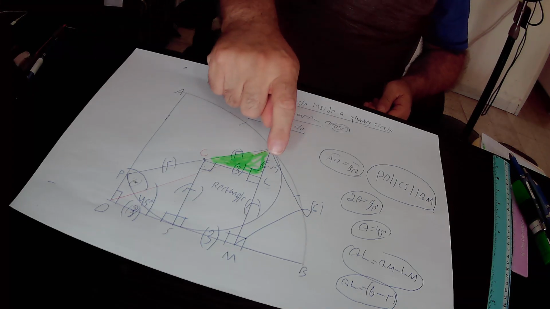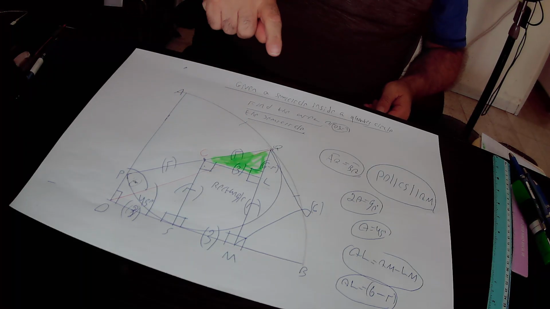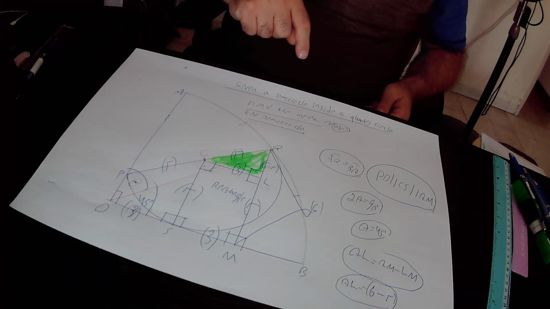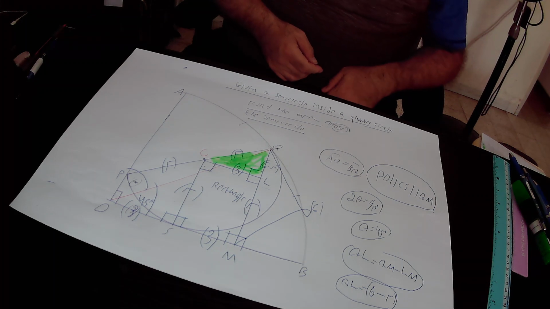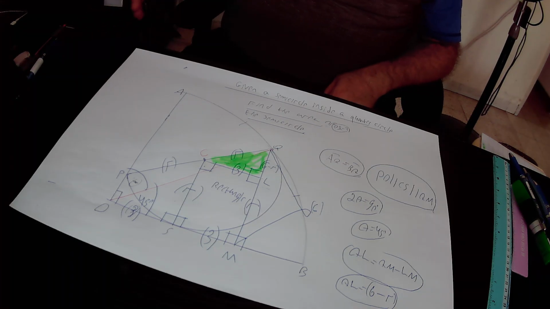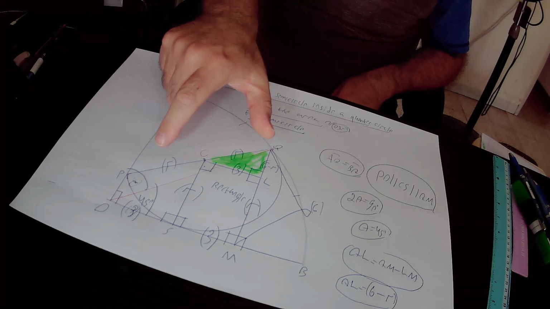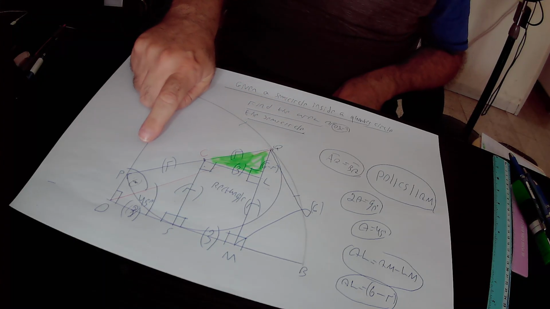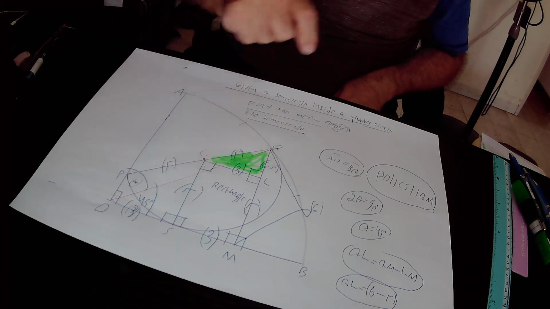Again, we have three parallel lines. QM is parallel to CS and parallel to PO. QP connects the three parallel lines. And according to Thales' theorem, we have a special relationship between those two lines that connect the three parallel lines, that is to say, between line QP and line MO.